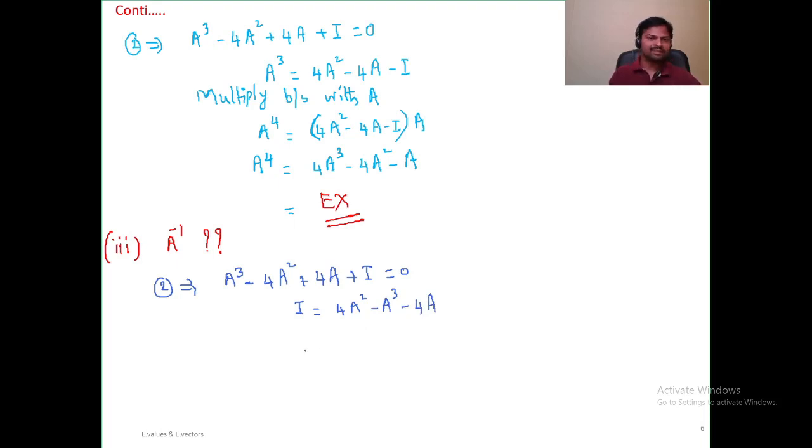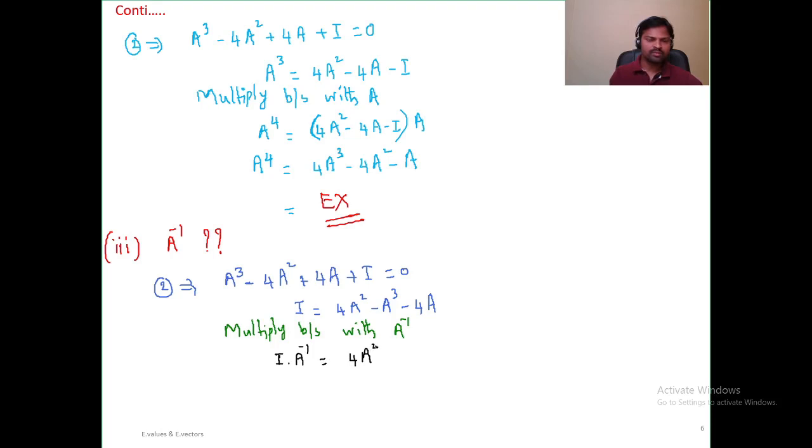Simply look at this. Now I want A inverse, right? So multiply both sides with A inverse. Then what will we get? I into A inverse. So either pre-multiply or post-multiply, your wish. I'm doing post-multiplication. So I into A inverse is equal to 4 into A square into A inverse minus A cube into A inverse minus 4 times A into A inverse.